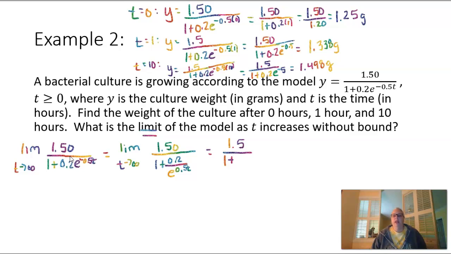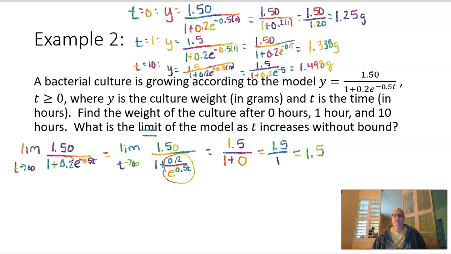Now, as your denominator in a fraction gets larger but the numerator doesn't change, that means the value of the fraction is getting smaller and smaller and smaller. So this piece of our function is actually approaching 0. And so our fraction becomes 1.5 divided by 1 plus 0, which is going to give me 1.5.